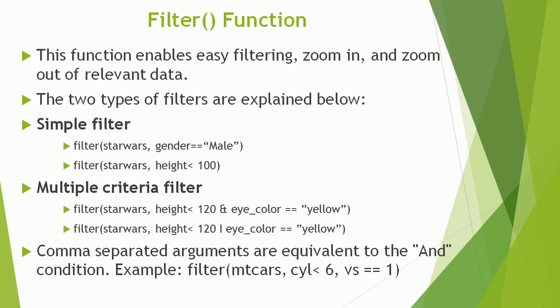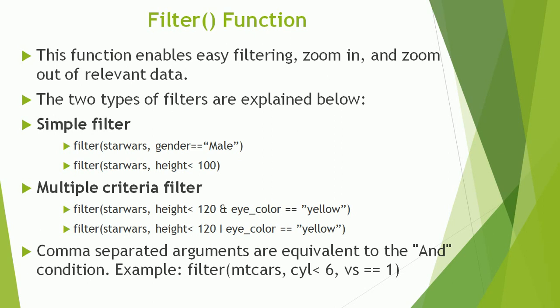So over here the second option that you have, filter Star Wars, either the height should be less than 120 or the eye color should be equal to yellow. Now for using this or option in R, you might see a straight line above your enter key.